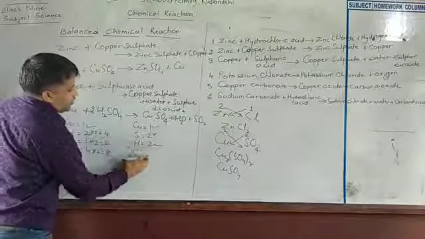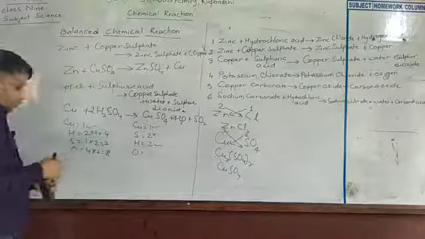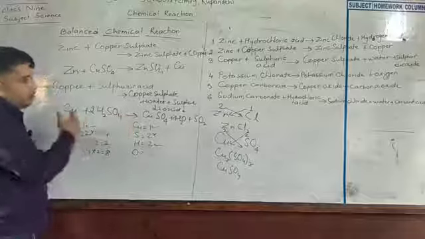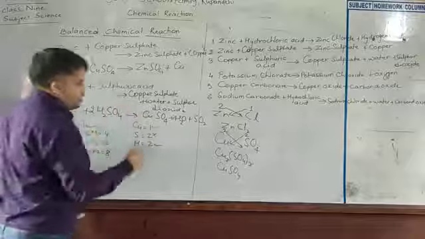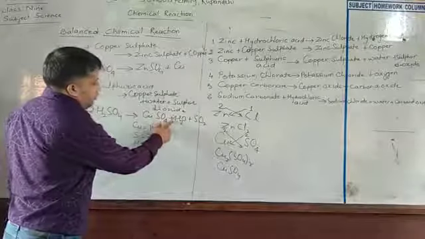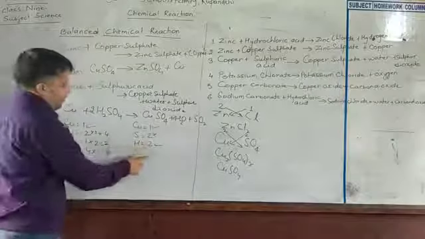So oxygen will automatically become 8. We can keep it elsewhere, but it will not match the value. So to make it balanced, if we keep 2 here, it will be balanced. So we have kept it there and we have made 8.